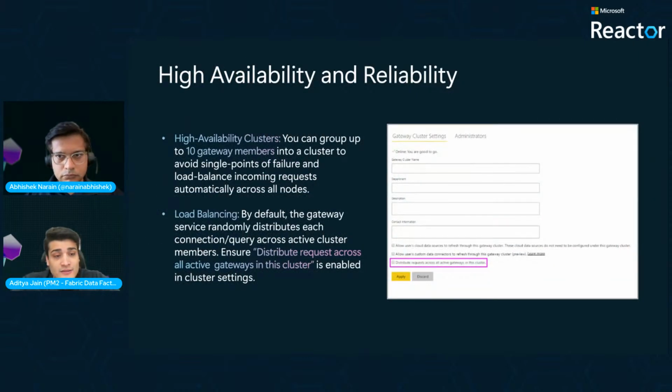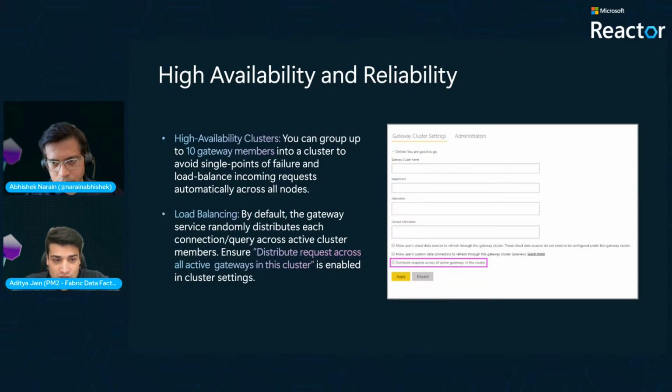So yeah, as I mentioned earlier as well, gateways come with high availability and reliability features. Gateways can be deployed in clusters, like I mentioned earlier, to ensure high availability and load balancing. You can group up to 10 gateway members into a gateway cluster to avoid failures.